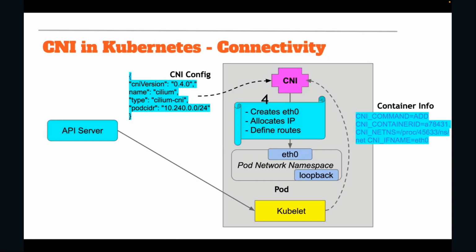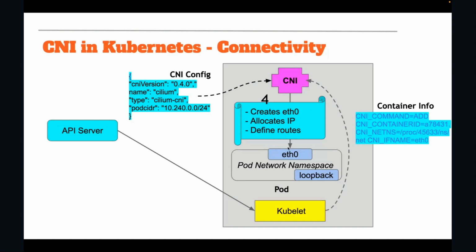And now there are different CNI drivers, as I mentioned earlier, like Calico, Cilium, Flannel, and there are many more. So they have different feature sets. First of all, it is just giving you the respective IP address and the attachment of the interface.